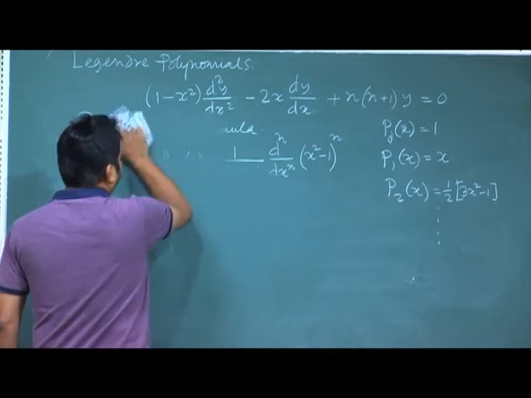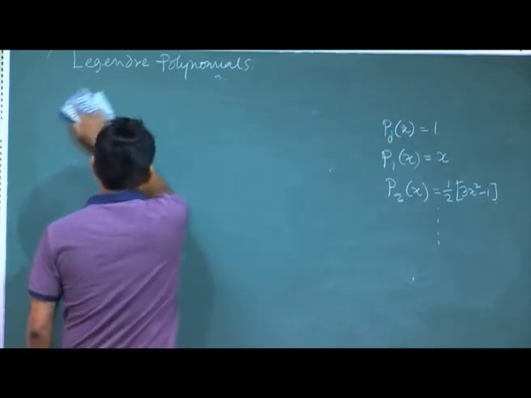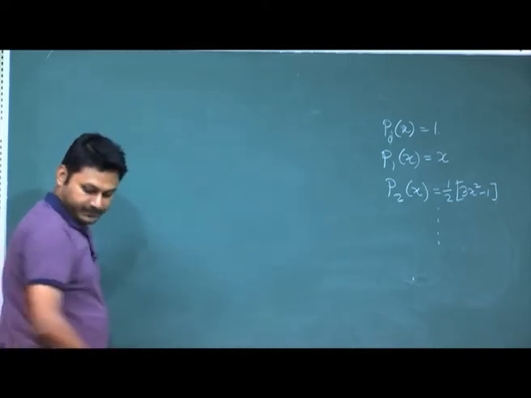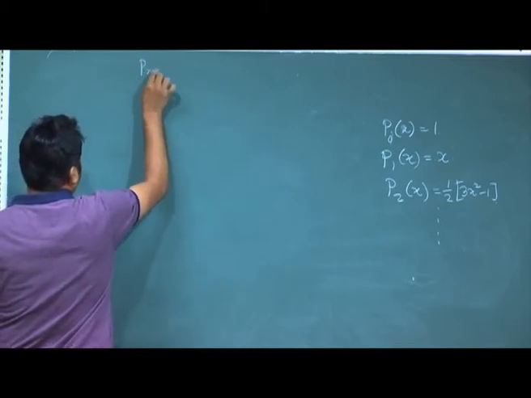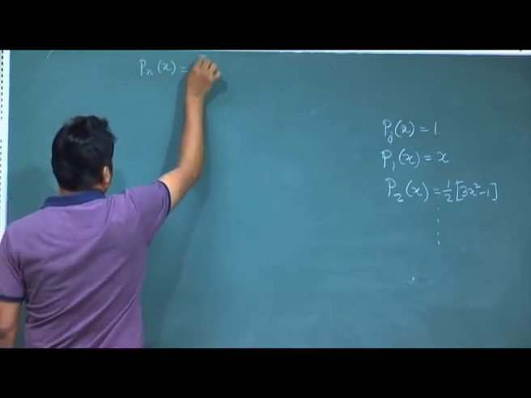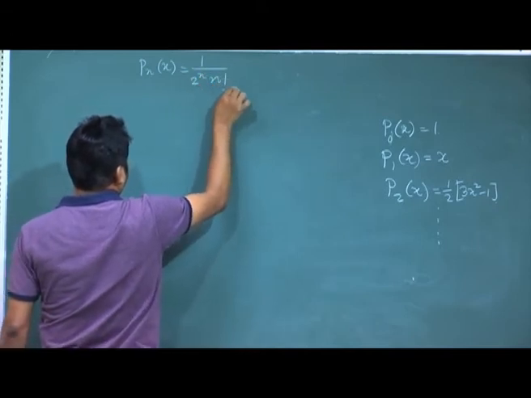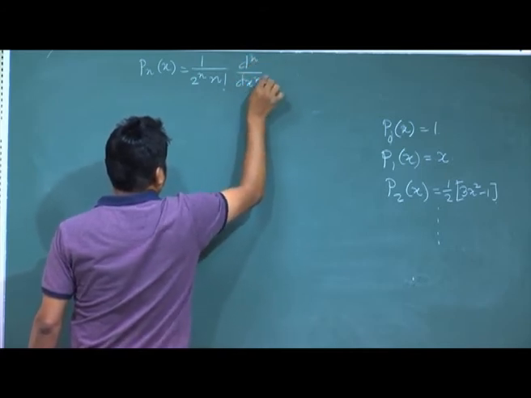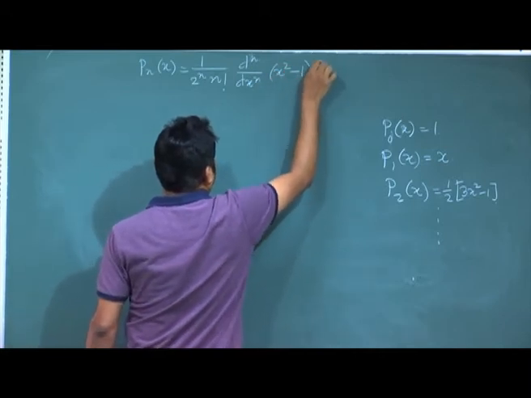Let me erase these things because I need this space. So the Rodrigues formula, I once again write: Pn(x) is equal to 1 by 2 to the power n n factorial, d^n by dx^n of x square minus 1 whole to the power n.